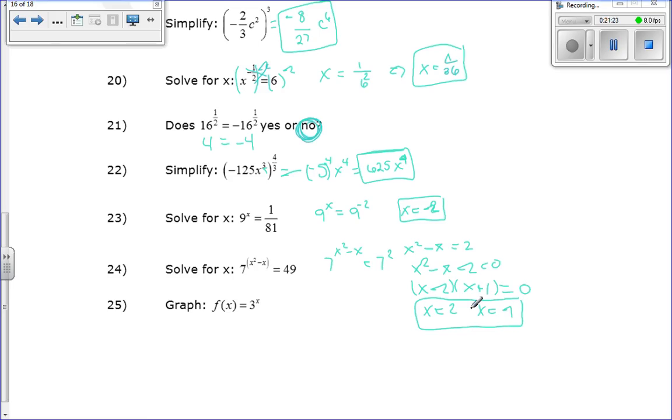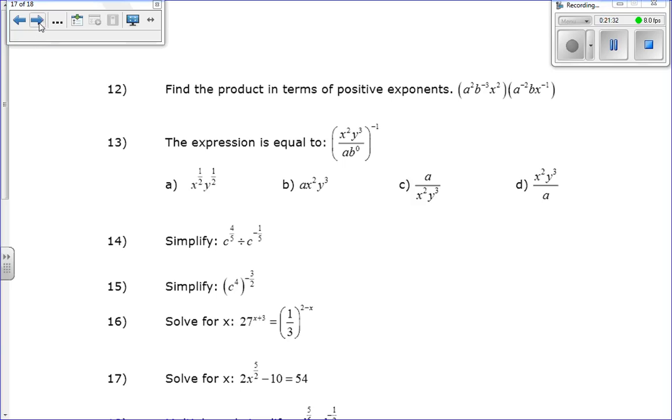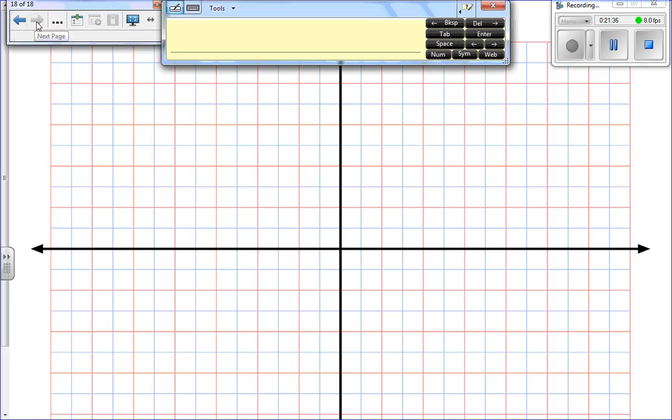For 25, they're asking me to graph f of x equals 3 to the x. Here it is.